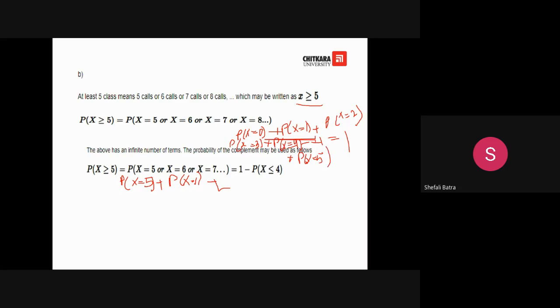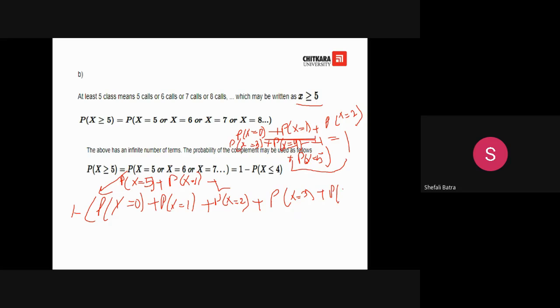I need from here up to the last. So the easiest way is: 1 minus probability of x equal to 0 minus probability of x equal to 1 minus probability of x equal to 2, or I can take the minus outside and add x equal to 3 and x equal to 4.